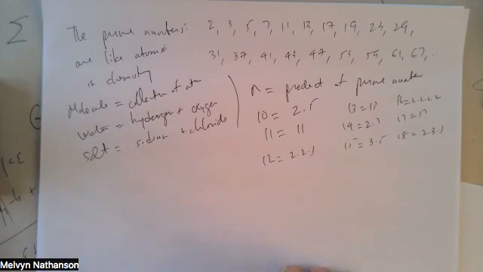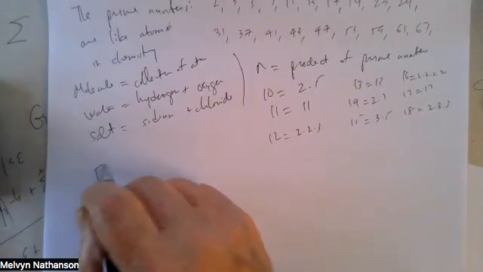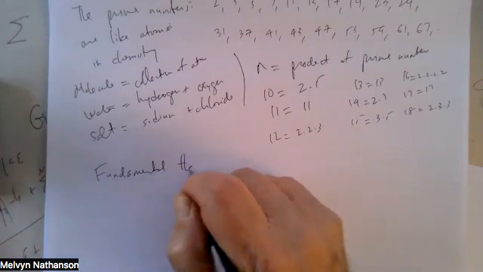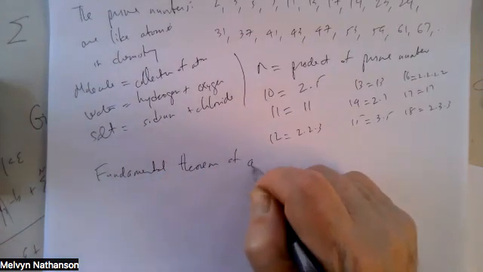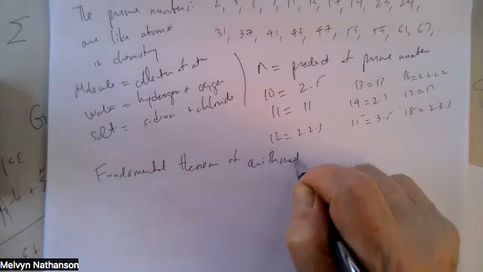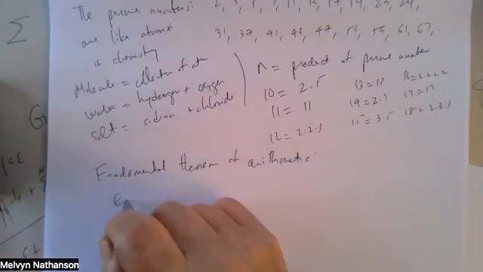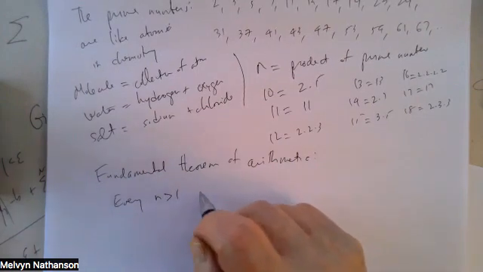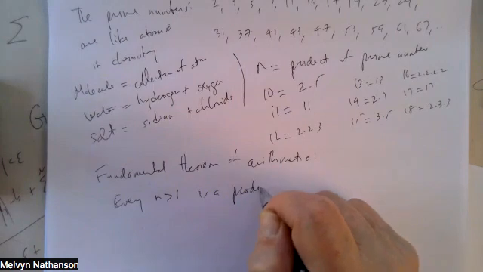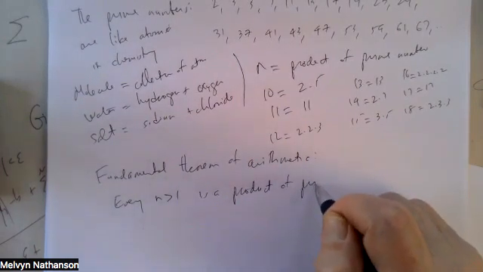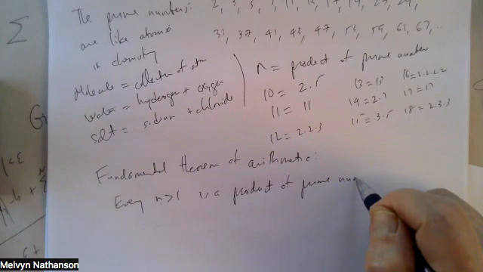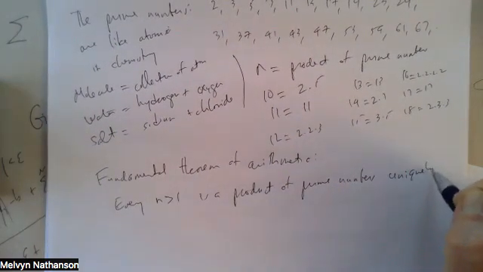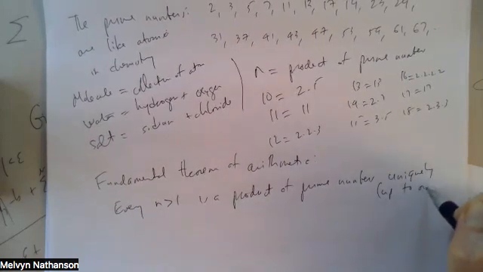And what is called the fundamental theorem of arithmetic says that every positive integer bigger than 1 is a product of prime numbers, and not just that, in a unique way up to order.